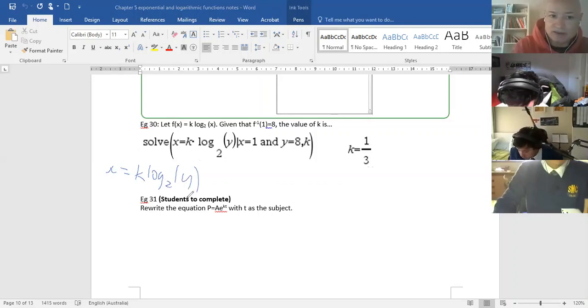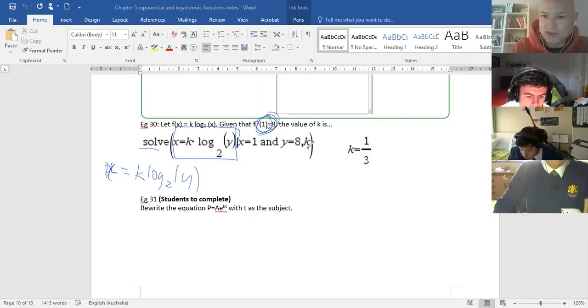And I'm solving that. You don't have to rearrange it because really, rearranged or not, it's the same equation. I'm solving that equation, which is the inverse, just not rearranged, given that x equals 1 and y equals 8. And I'm solving it for k. Can everyone see how that's happening? And when I do that, I end up getting k equals a third.